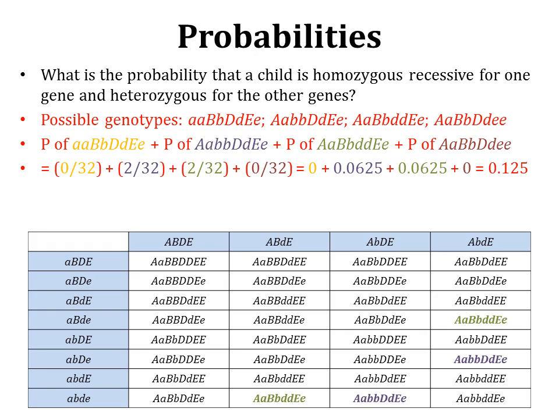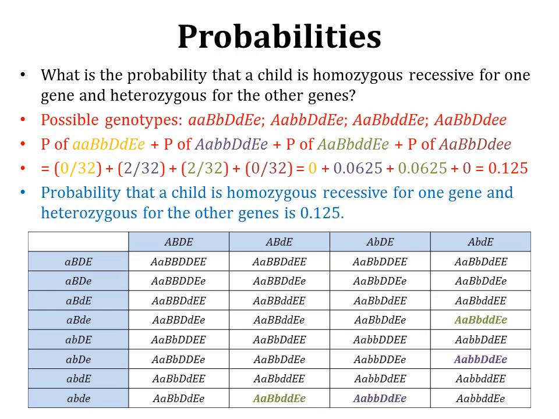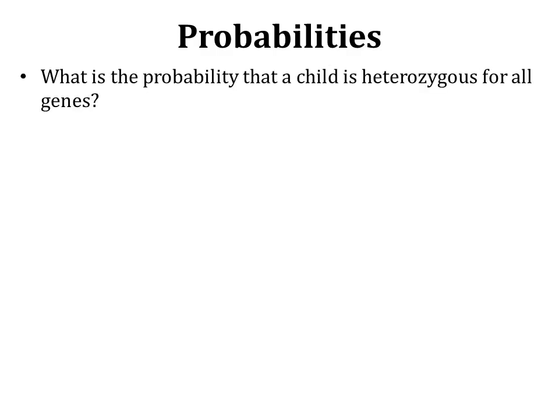And then we have no individual who is homozygous recessive for the E and heterozygous for the others. So their respective probabilities are 0 plus 0.0625 plus 0.0625 plus 0, and their combined probability is 0.125. So the probability that a child is homozygous recessive for one gene and heterozygous for the other genes is 0.125. This is the answer to the question.